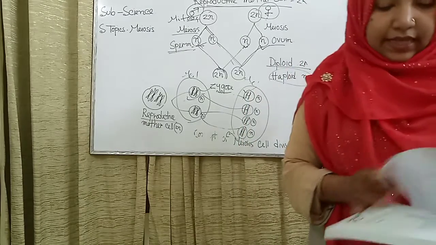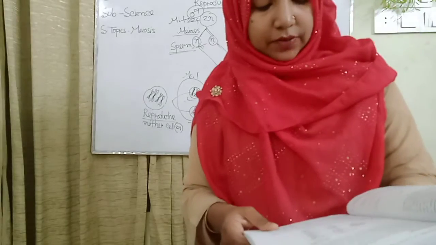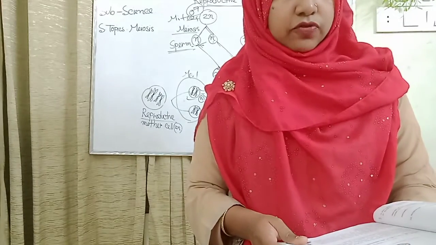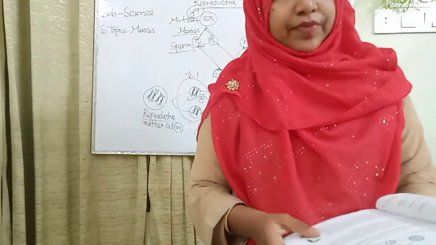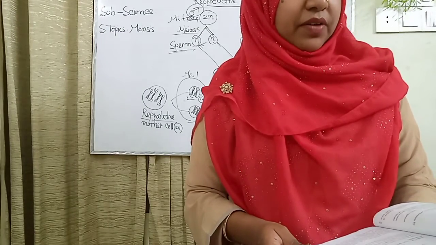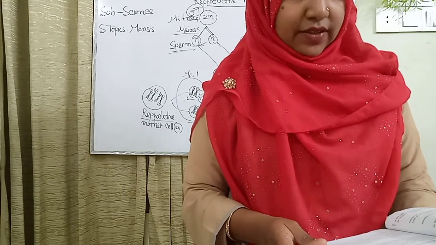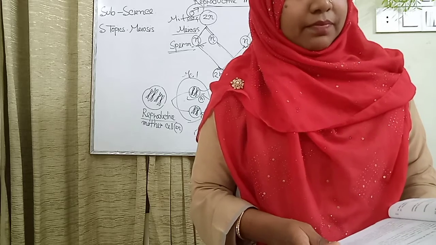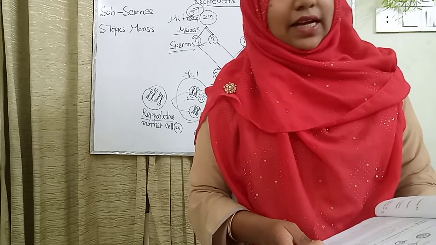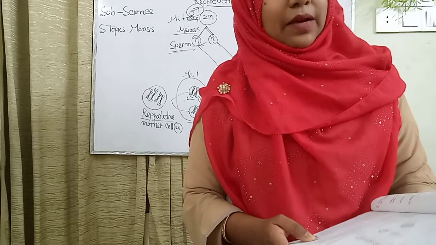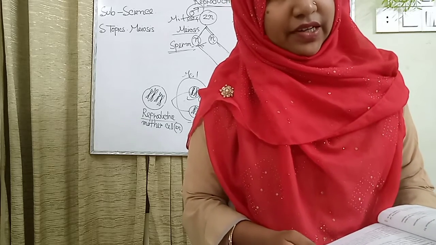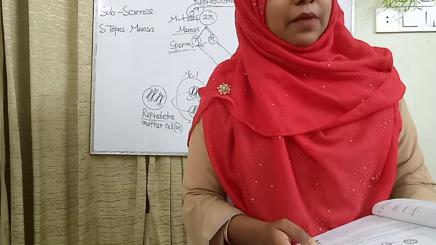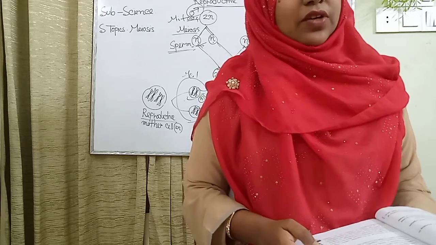My dear students, in the next class I will explain the role of chromosomes, DNA and RNA in determination of heredity. I just explained briefly what the chromosome is, what the DNA is and what the RNA is. Basically DNA means deoxyribonucleic acid, which is the hereditary and physical hereditary material. RNA means ribonucleic acid. Here's the ribonucleic acid.